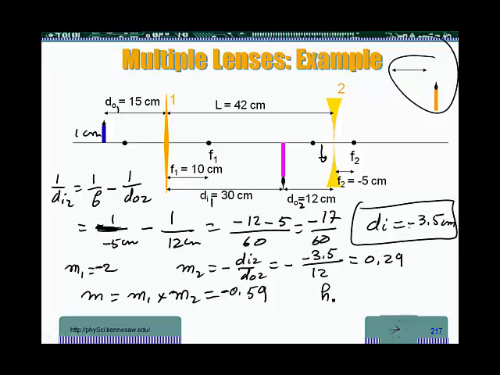So my HI2 is going to be equal to the magnification, which is minus 0.59, times 1 centimeter. So it is minus 0.59 centimeters. The sign tells us that it is flipped, and you see that it is smaller than the object since it's 0.59.